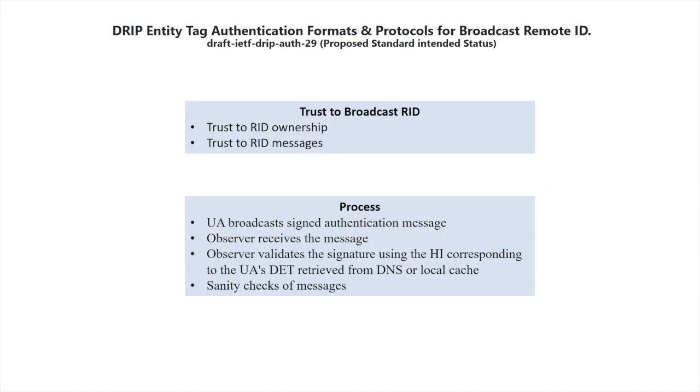The last protocol-related document is DRIP entity tag authentication formats and protocols for broadcast remote ID. This document describes how to add trust into the broadcast remote ID discussed in the DRIP architecture.